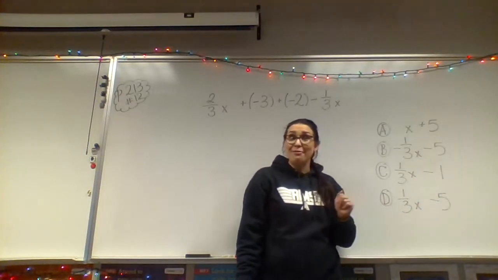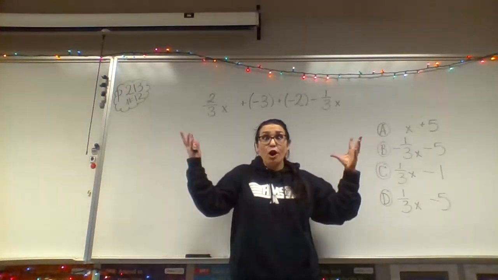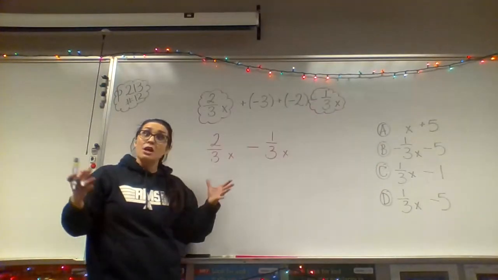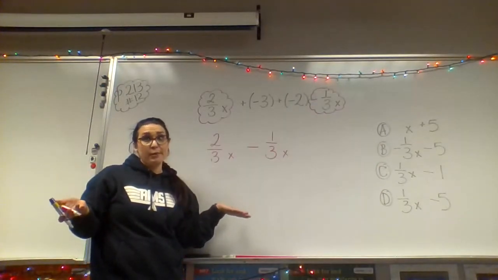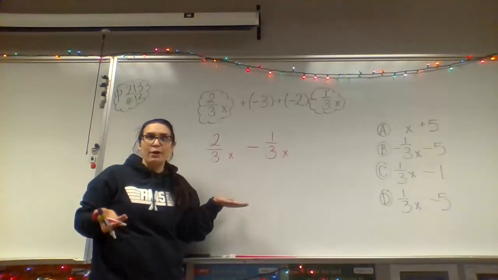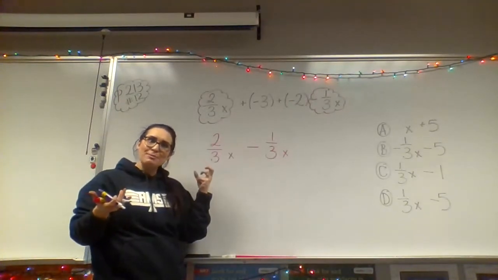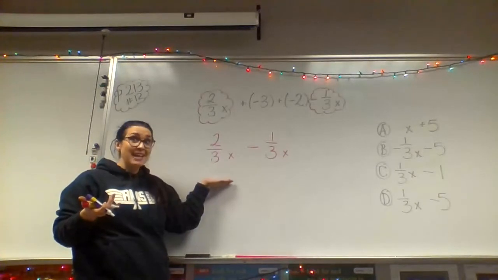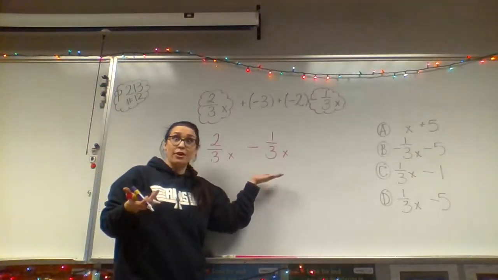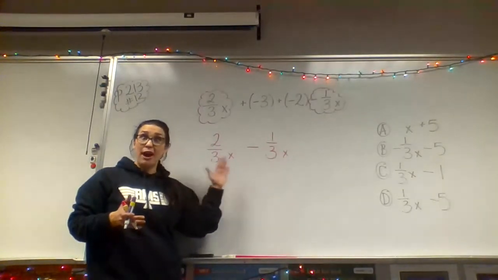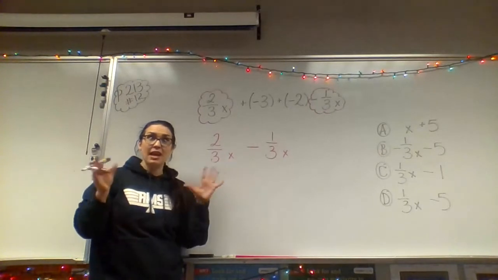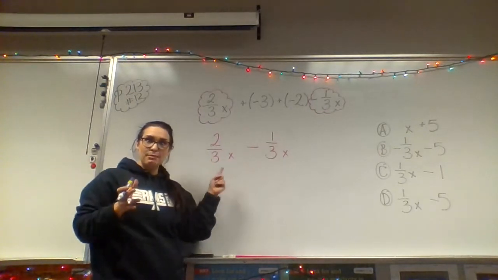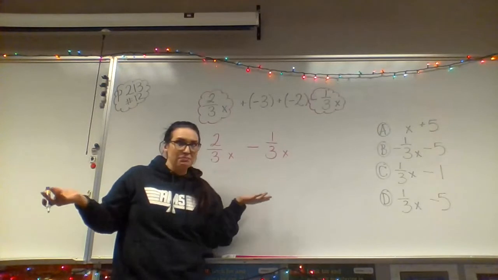So now, my friends, let's start pulling out those like terms. So first, I want to start with that variable and those coefficients, because why not, right? So when I pull out those like terms, I have 2/3 x minus 1/3 x. And I know that fractions might be a little scary, but it shouldn't be, right? Look at this, same denominator, right? So they're common denominators.